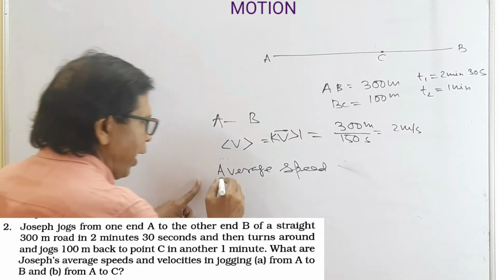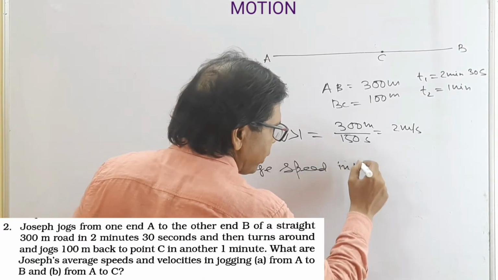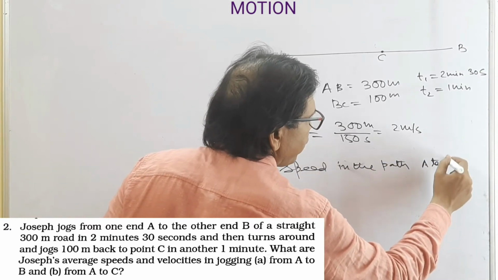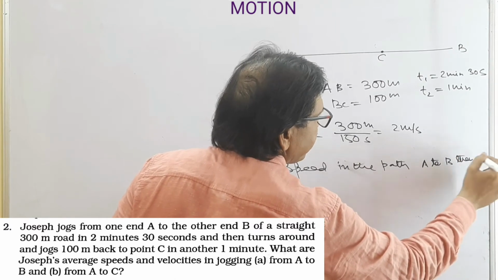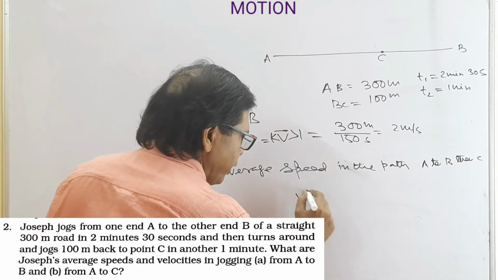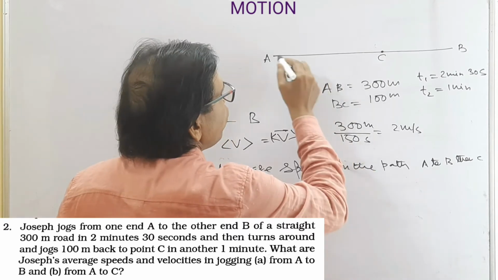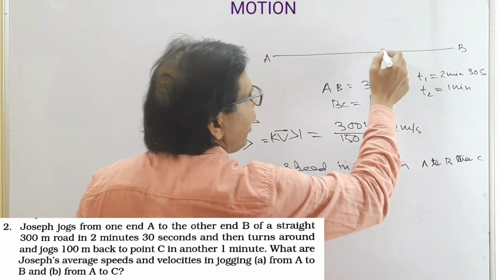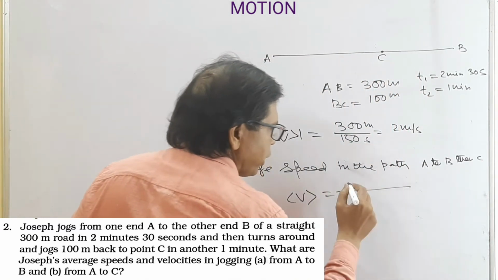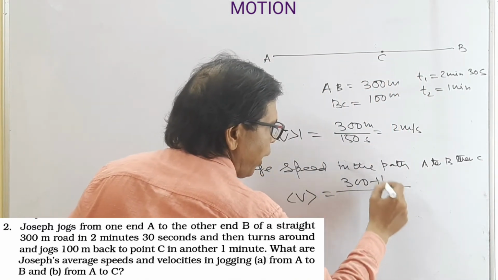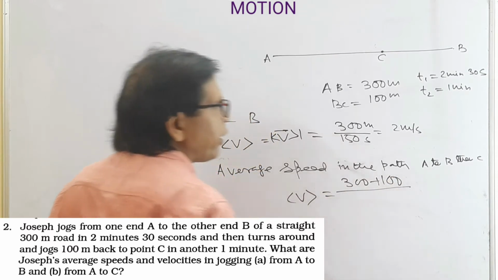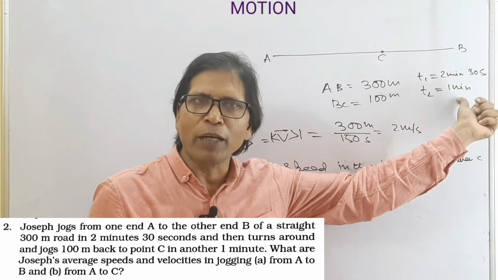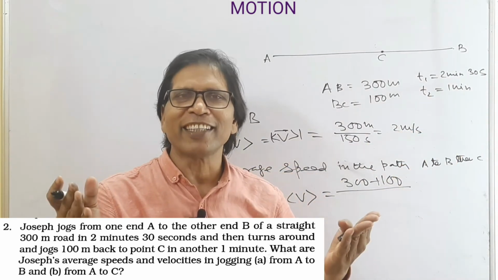Now look at the average speed in the path A to B, then C. This is 300 meter and this is 100 meter. So the total distance is 300 meter plus 100 meter, and time is 2 minutes 30 seconds plus 1 minute, so 3 minutes 30 seconds.